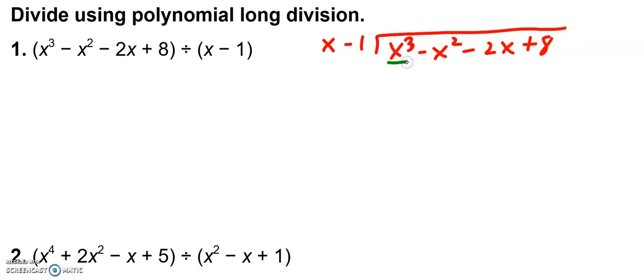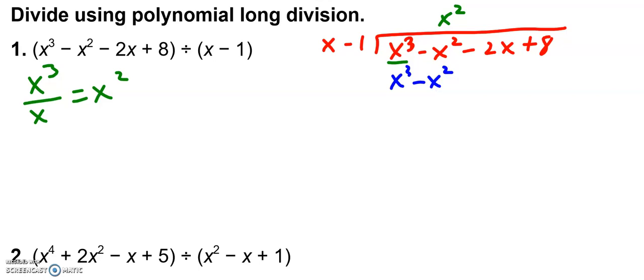So we start with x to the third divided by x, which is x squared. So I'm going to write my x squared up here. Now I'm going to multiply: x squared times x is x to the third, and x squared times negative 1 is minus x squared.